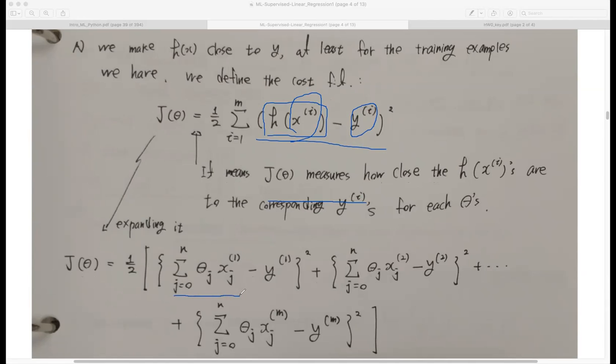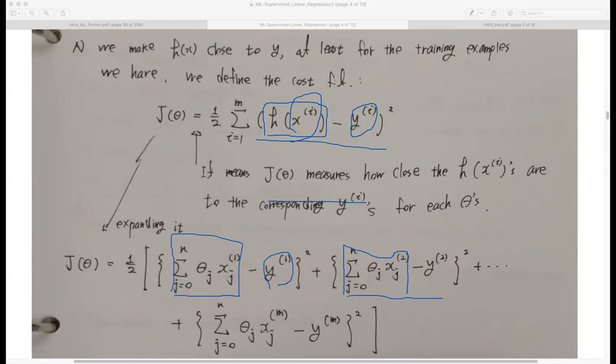That's the actual h of x super 1. This is h of x super 1 and then y super 1, right? And then when i equals 2, we get this. So sigma theta j times x sub j super 2, that's the h of x super 2, minus y sub 2.